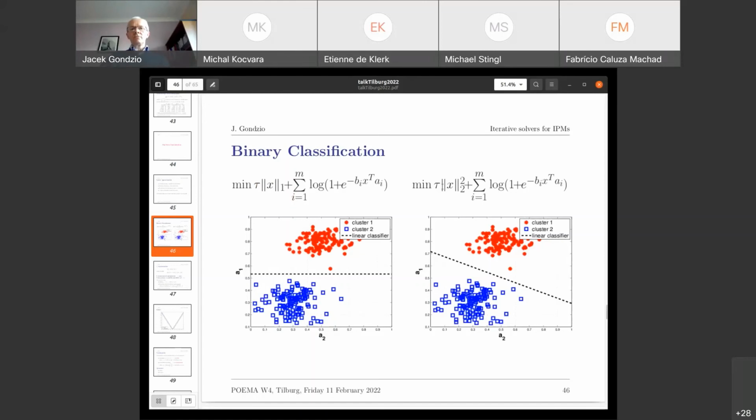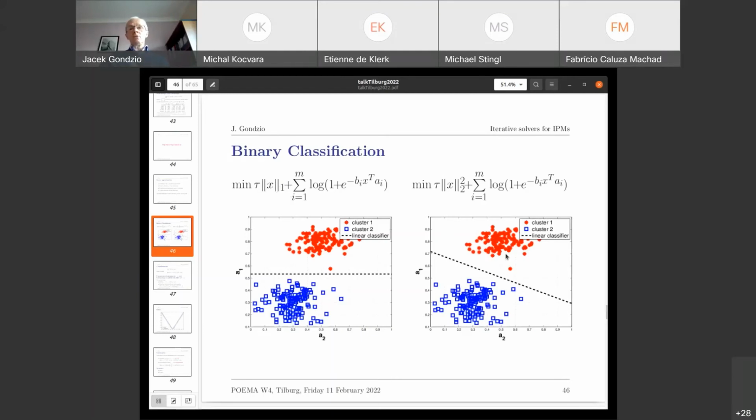While in the second case, we use the Euclidean norm as a regularizer. And what one can observe in this binary classification is that, for my very easy test example, it was possible to separate the two data clusters by using only one component of the vector. And indeed, this separation was spotted when we promoted sparsity in the solution by using the norm 1 of the vector.